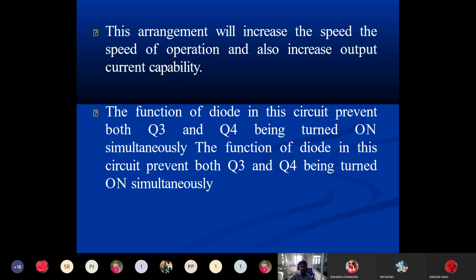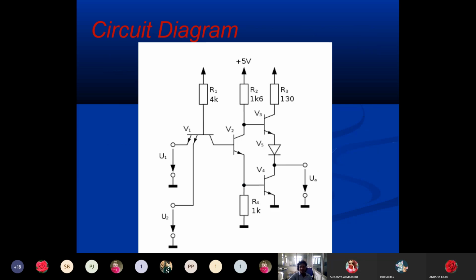Here we use the diode so that these transistors Q3 and Q4 do not turn on simultaneously, to protect them in this circuit.